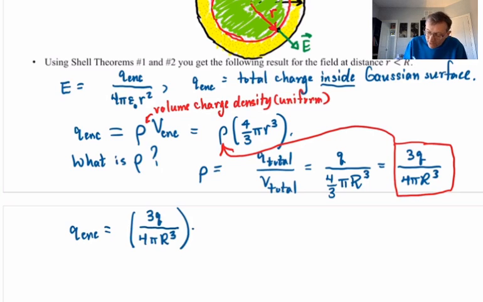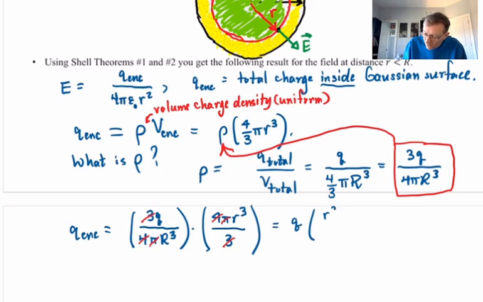Really important to keep track of the r's: big R in one place and little r in another. 4 cancels 4, pi cancels pi, 3 cancels 3. Nothing else cancels, right? So I'm left with q times little r cubed over big R cubed.